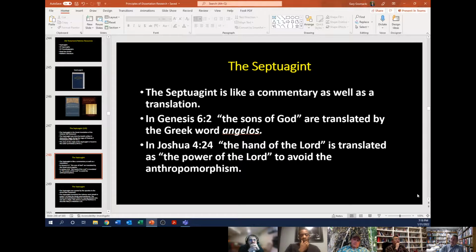Very interesting. And then in Joshua 4:24, the hand, or yod, of the Lord, Adonai, is translated the power of the Lord, to avoid the anthropomorphism there in Joshua 4:24.